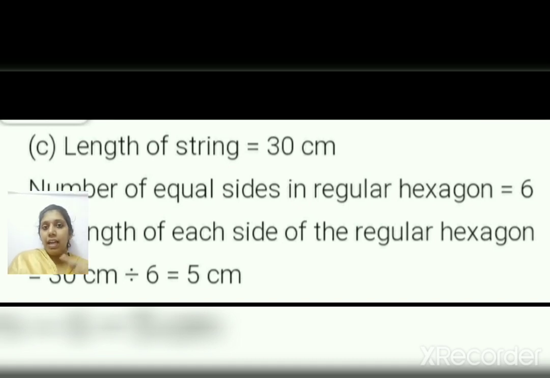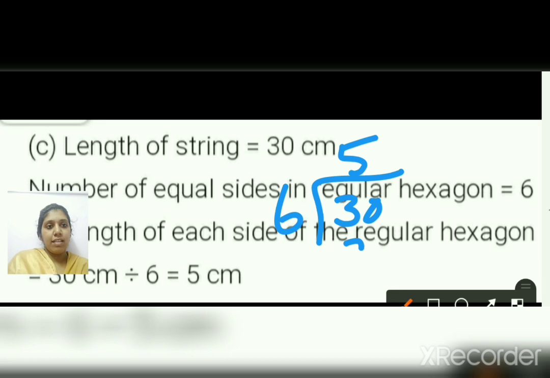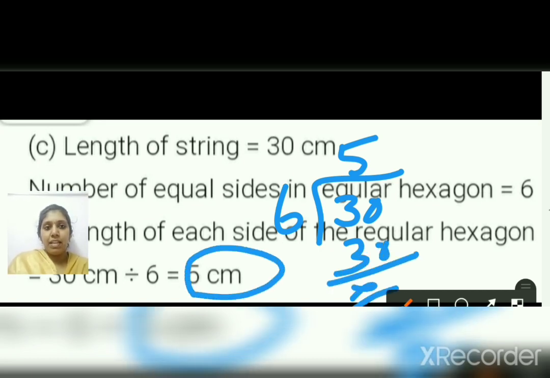So 30 divided by 6 if we do, we will get the length of each side. So 30 and 6, when you divide, 6 5s are, you get 30. So we have 5 centimeter, which is the length of each side of the regular hexagon.